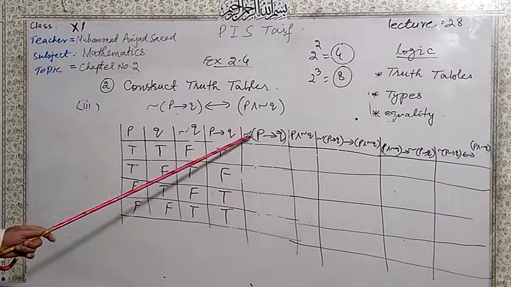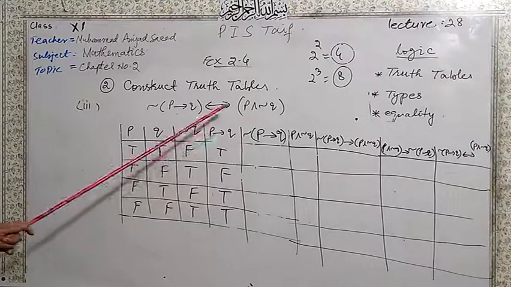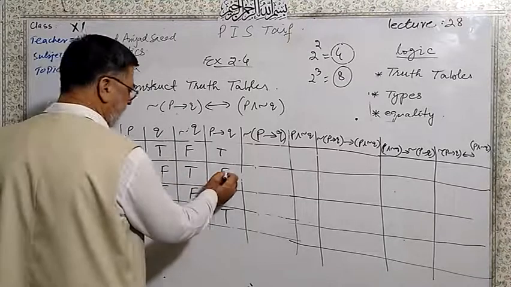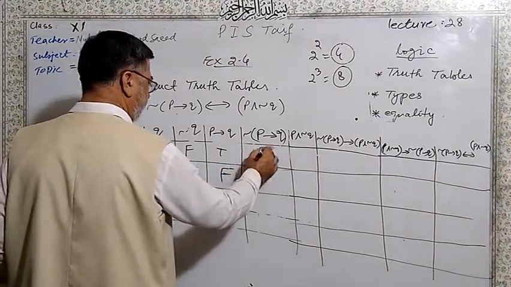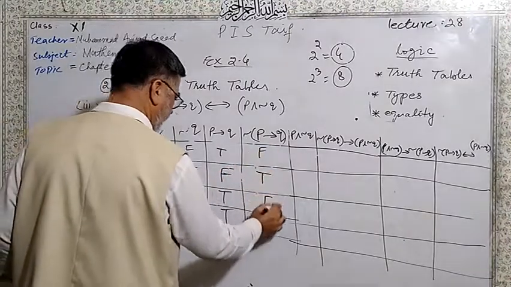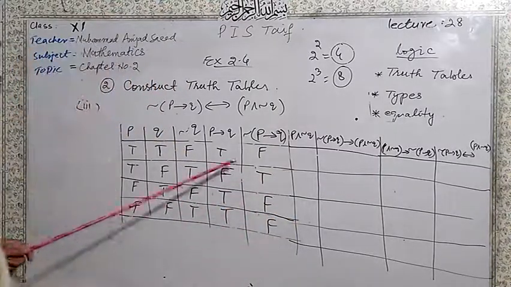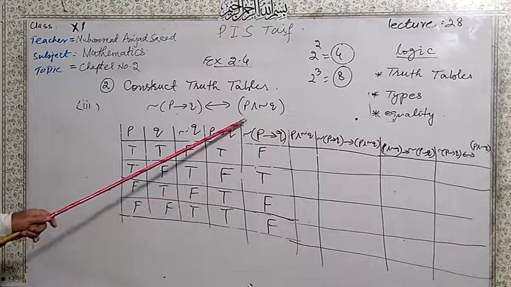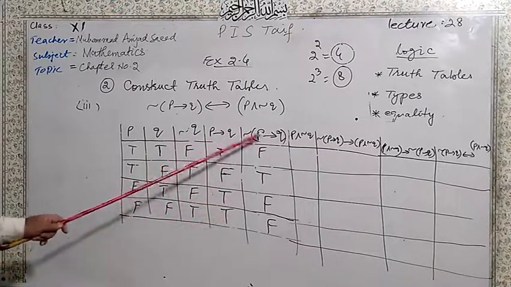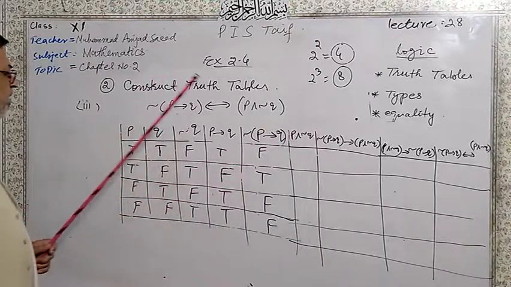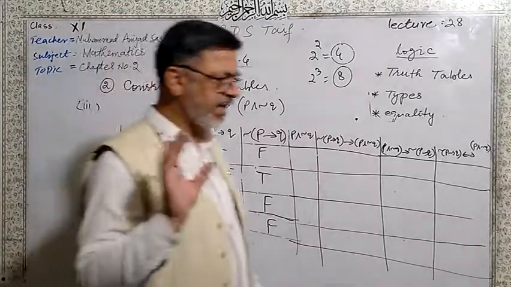Here is not P to Q. Here was P to Q. Not being the opposite of that, the reverse of that: F, T, F and F. F converted to T because of not, and T converted to F. P and not Q. Remember that and means intersection.